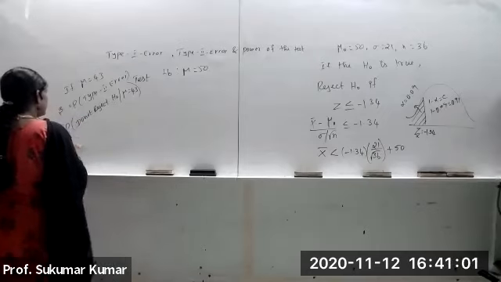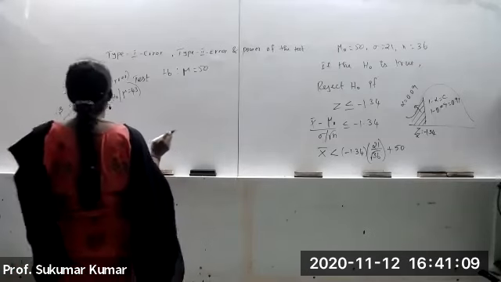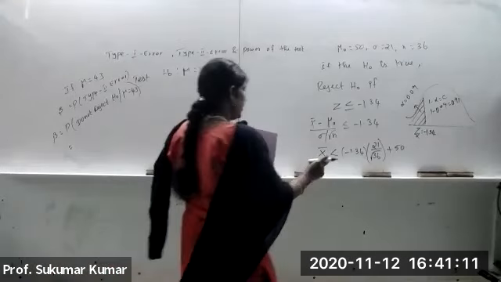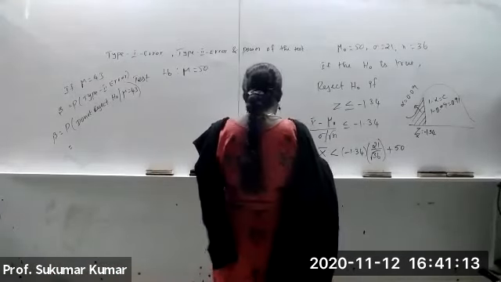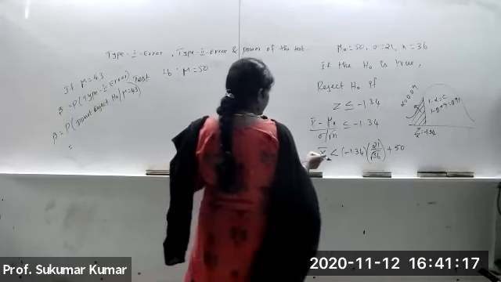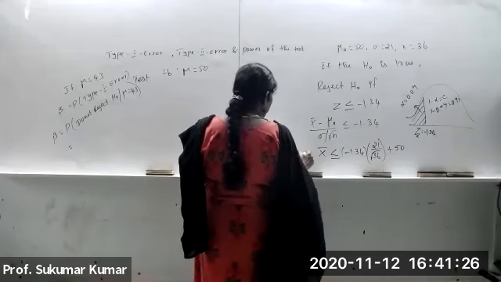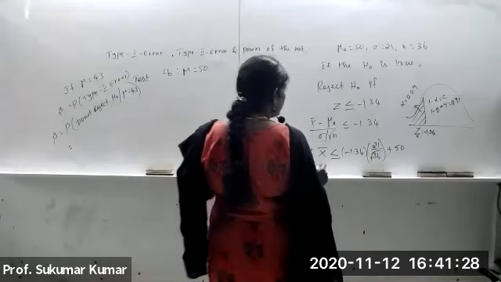That is the beta value. Next, we do not reject H naught, we found the x bar earlier. Here we reject H naught if x bar is less than or equal to this value.